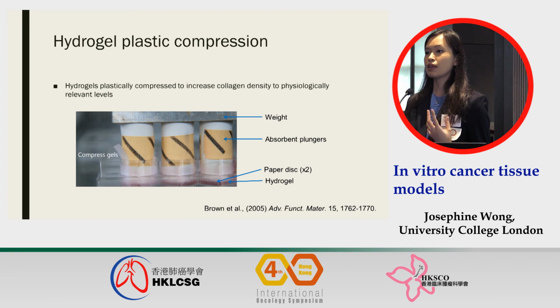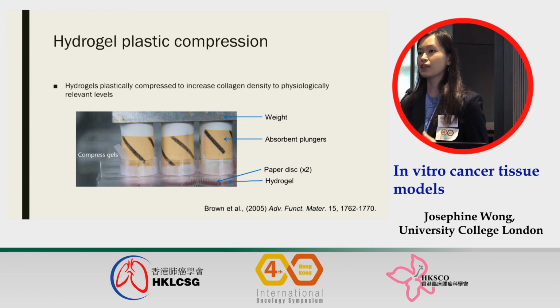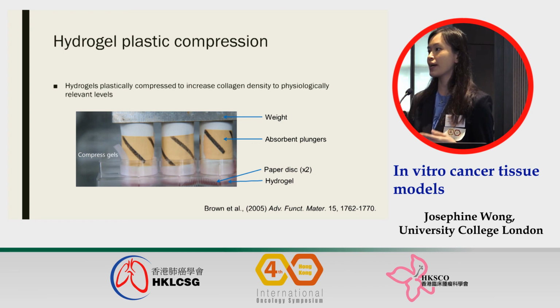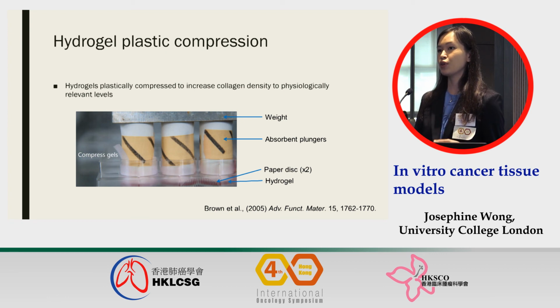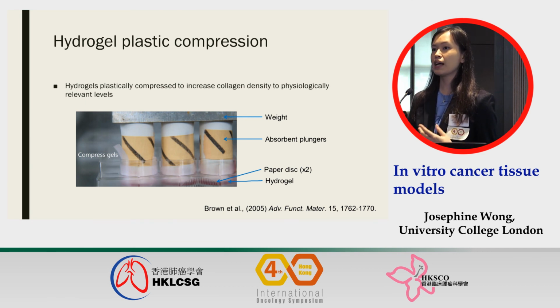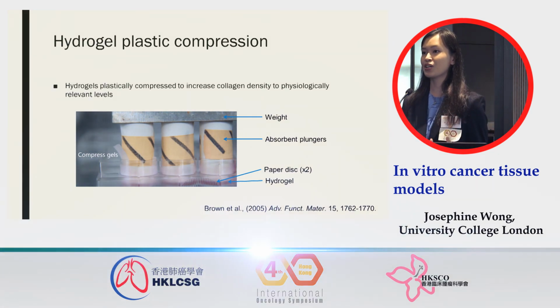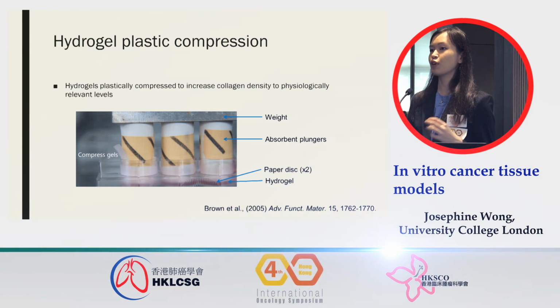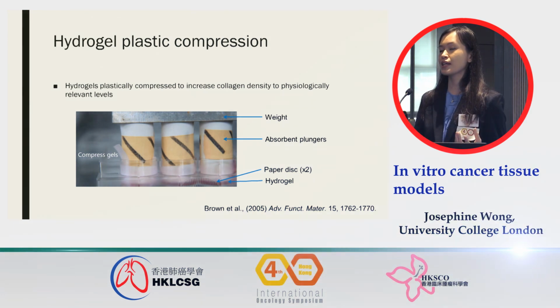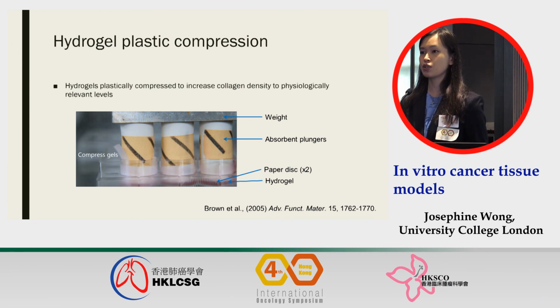However, the lab that I've been working in has come up with a way to try to improve this by developing a process called plastic compression, which is quite simply using a weight and absorptive plunger that removes the excess water from the hydrogel, so that you could increase the collagen density to about 10%, which is closer to what you might find within the natural tissue matrix.